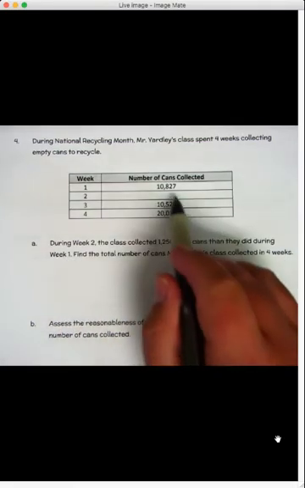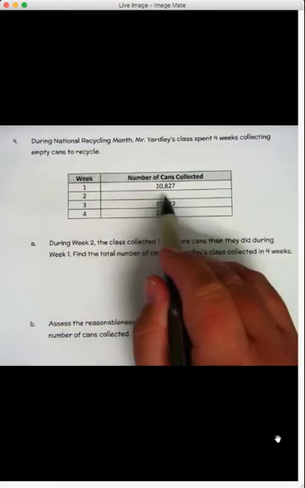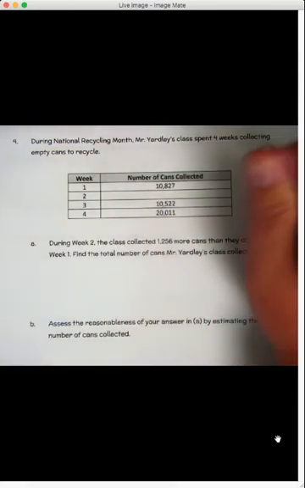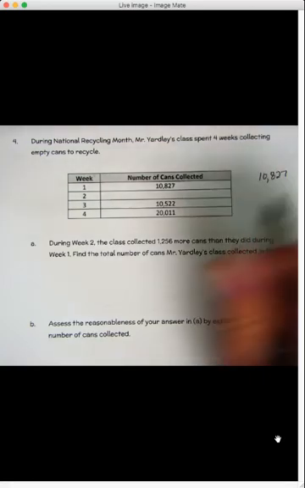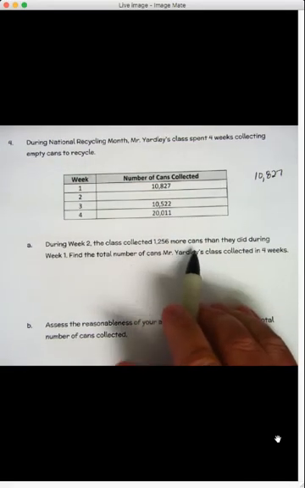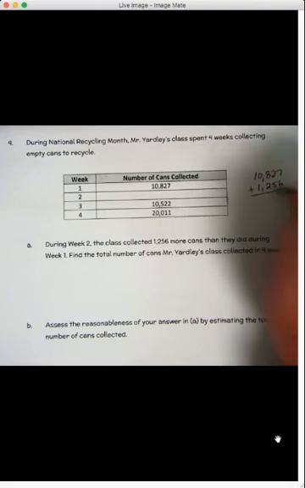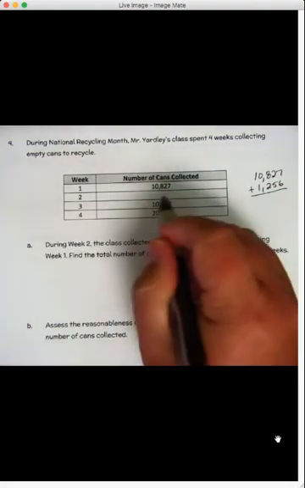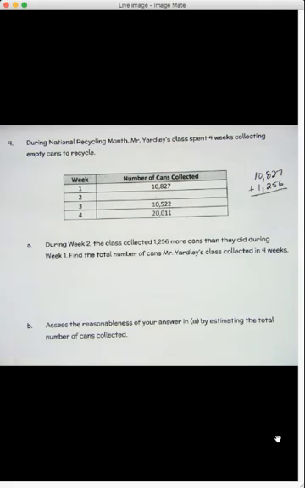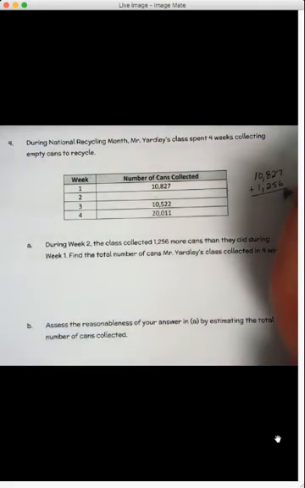Well, before we can find all 4 weeks together, we've got to find week 2. So in week 2, they collected 1,256 more than week 1. So let's look over here. Week 1 was 10,827, but in week 2, they collected 1,256 more than that. So if we add that together, we'll find out how many they collected in week 2. So let's add. 7 plus 6 is 13.